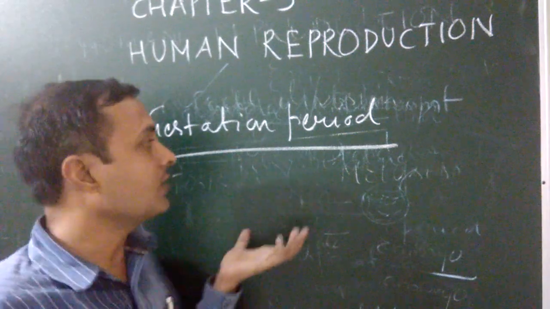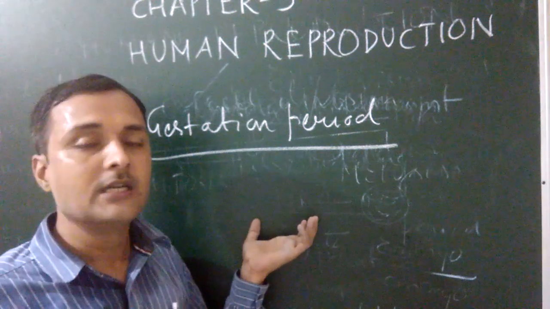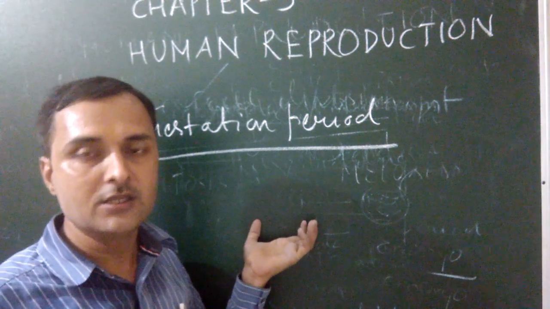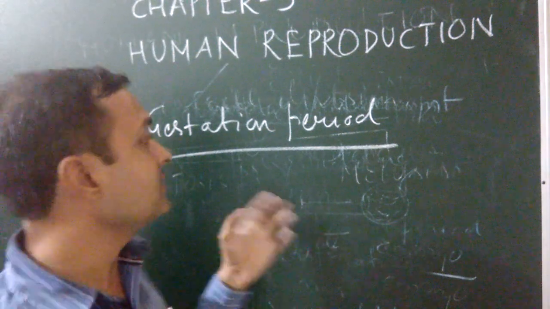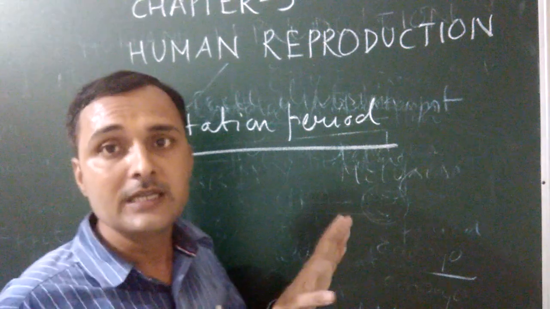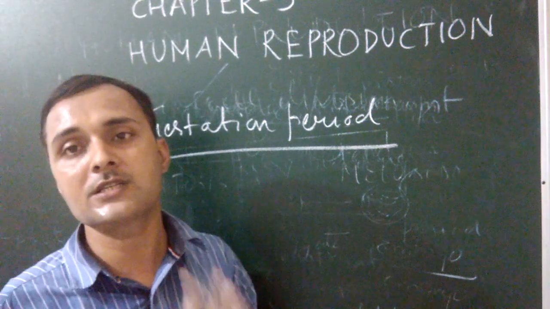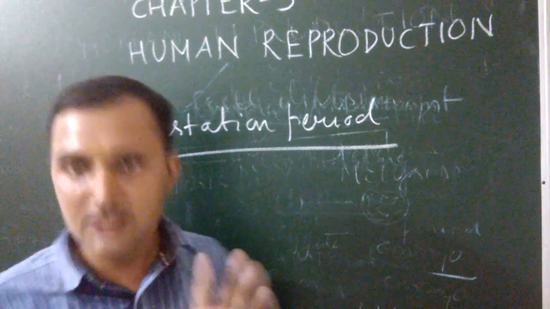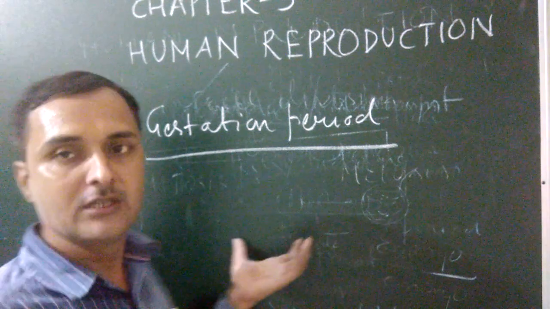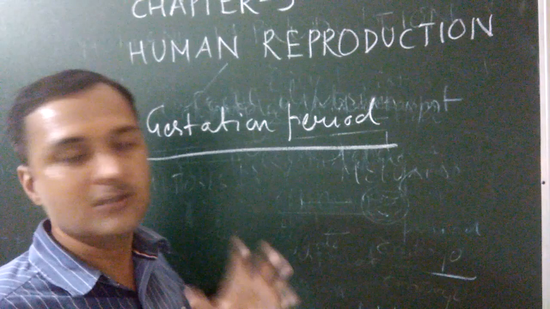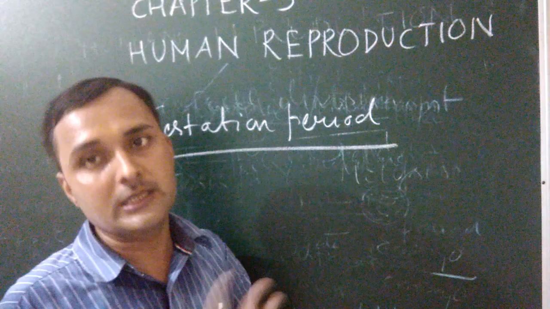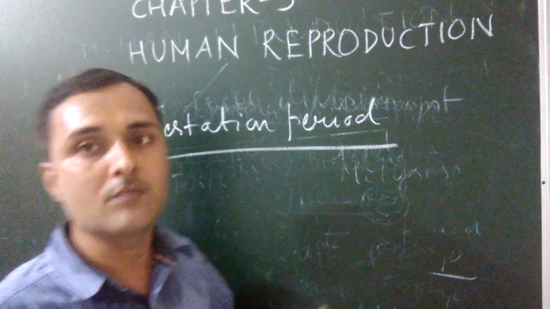Once again, what do you mean by the term gestation period? The time period from implantation to the birth of the baby is known as gestation period. This period varies from individual to individual. In humans, it is about 9 months. That's why after 9 months, in most females, a new young one develops from her body.